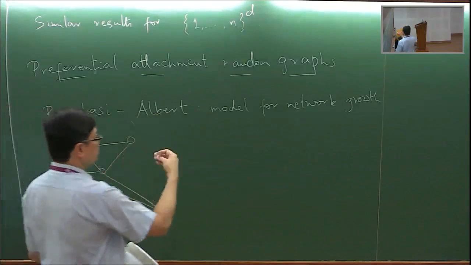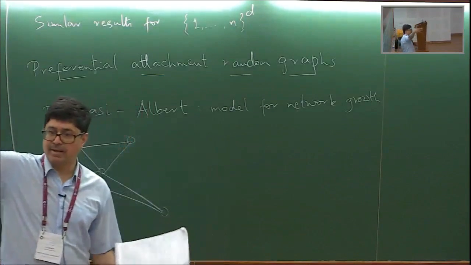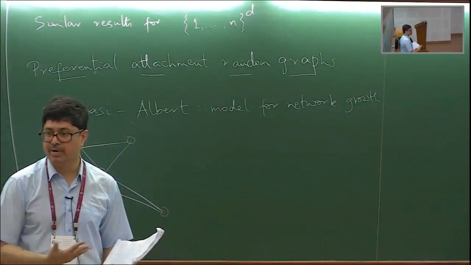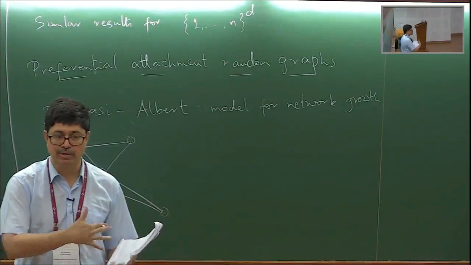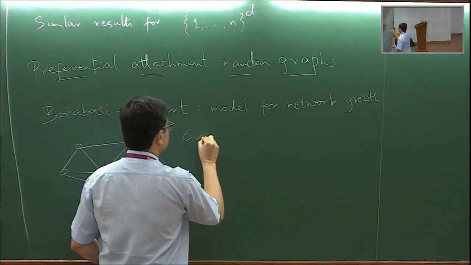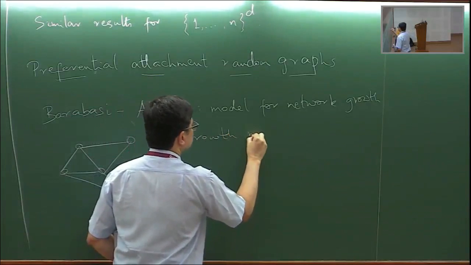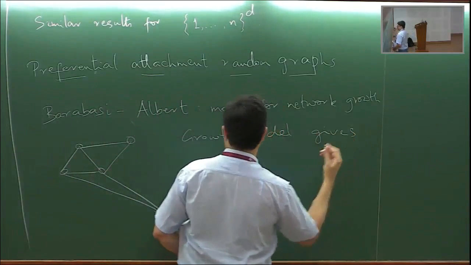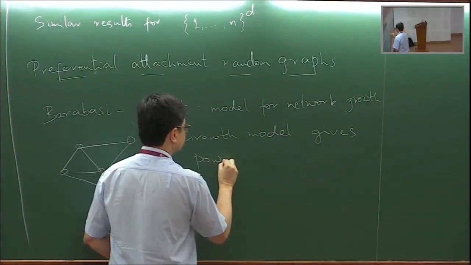And what this growth model does, if you look at it at some large time and you ask what the degrees of the different vertices are, they are random, but what degree distribution do they have, then this growth model gives power law degree distributions.